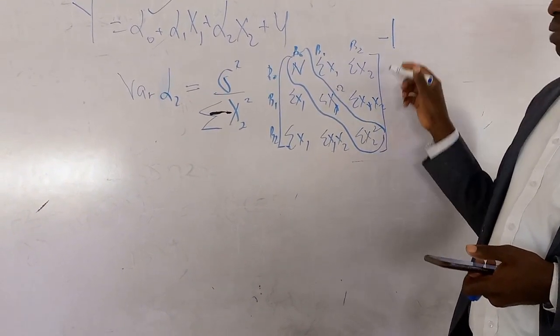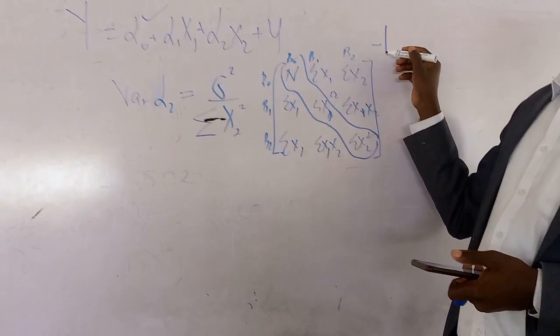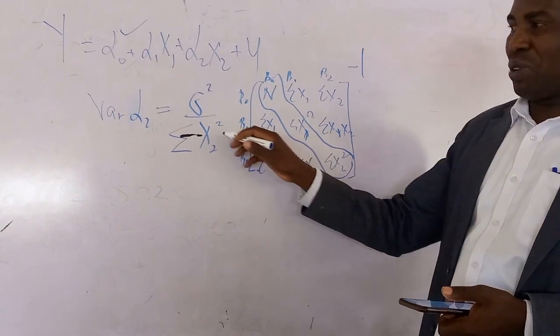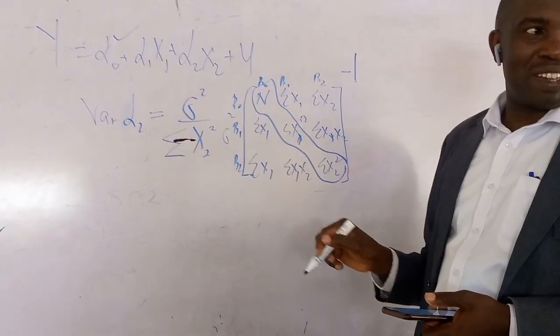When something is raised to negative 1, alternatively you can write it as 1 over. Remember we usually put sigma outside here.